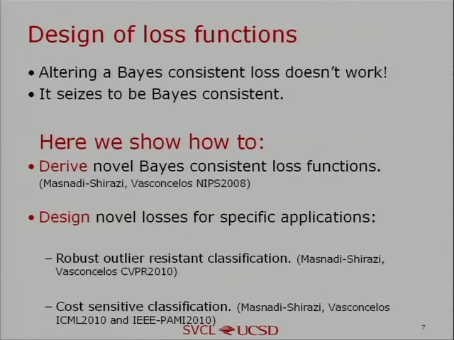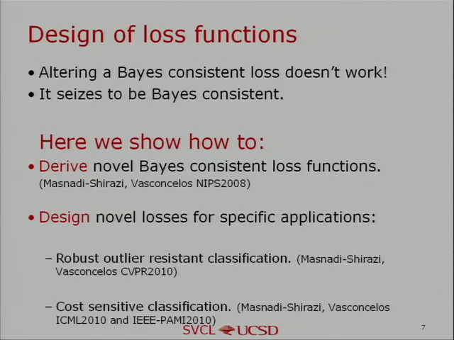And the problem with that is that once you actually alter the Bayes-consistent loss function in any way, it ceases to be Bayes-consistent. So during this talk, what we're going to show is how to actually derive novel Bayes-consistent loss functions. And this is work that has been covered in our NIPS 08 paper.